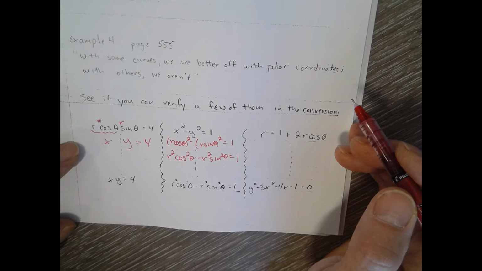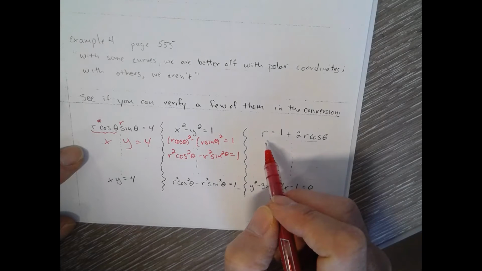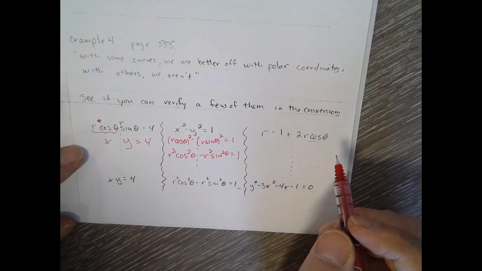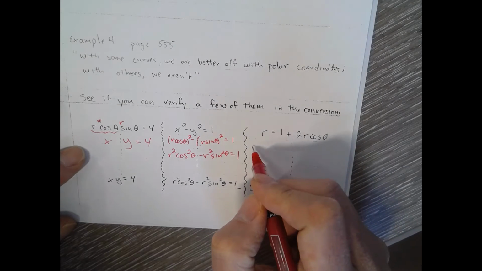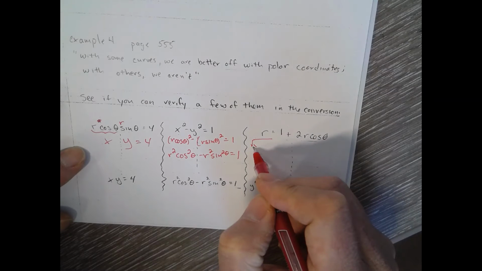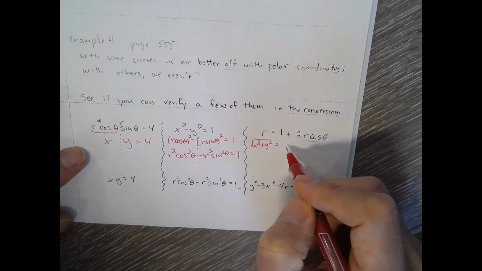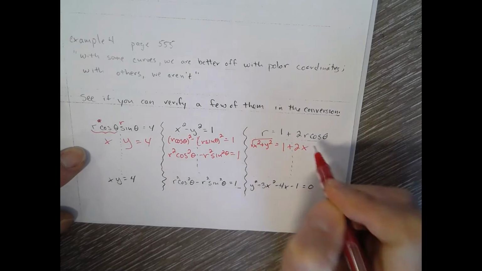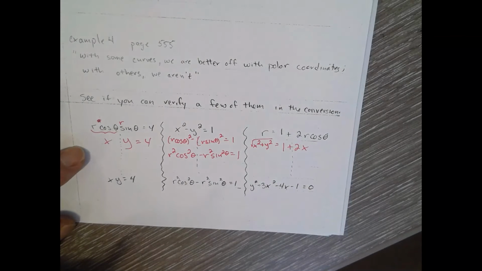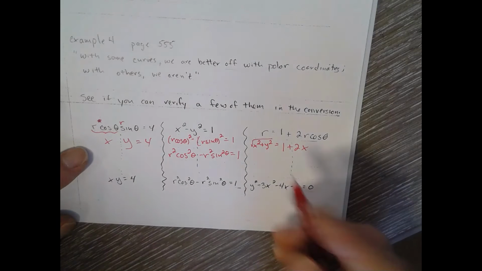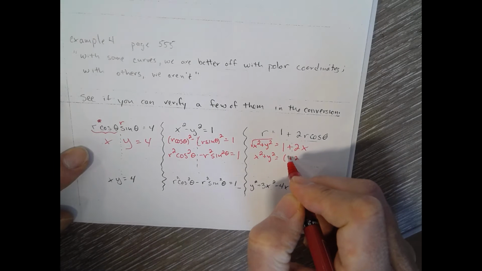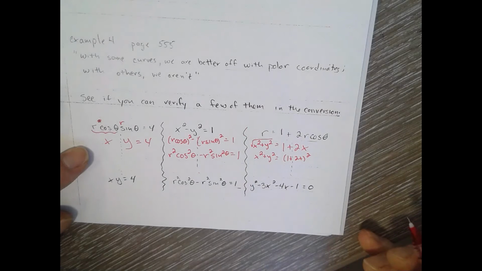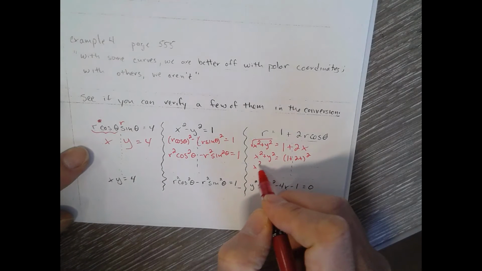So this is 1 plus 2x, but what about the r? That's why I said the square root of x squared plus y squared. Oh, so you said r is the square root of x squared plus y squared equals 1 plus 2x, is what you said. Yep. And then you square both sides. Yep. Okay, so we get x squared plus y squared equals 1 plus 2x squared. And expand that.